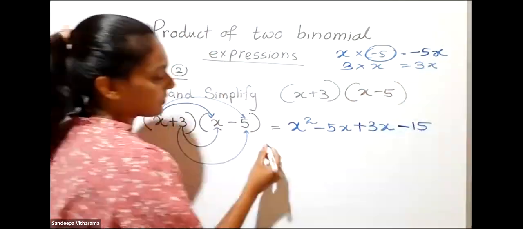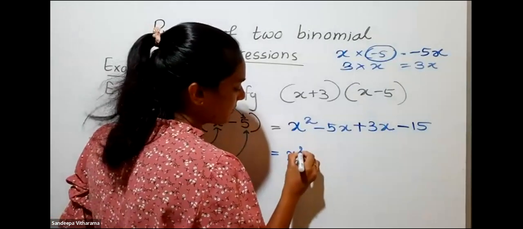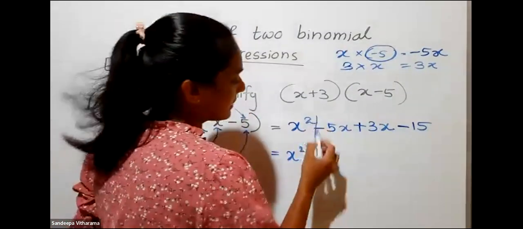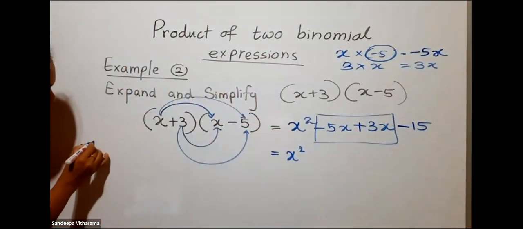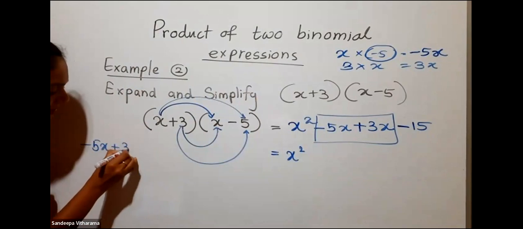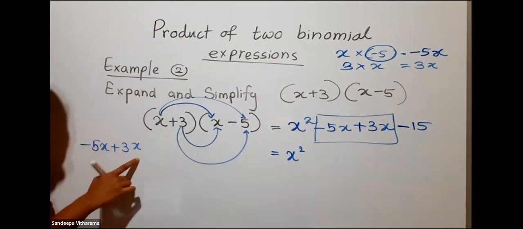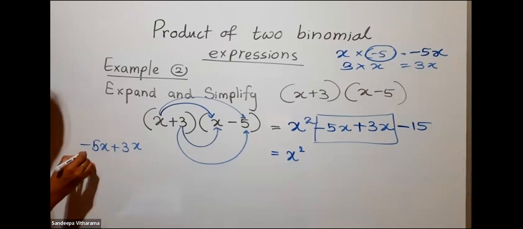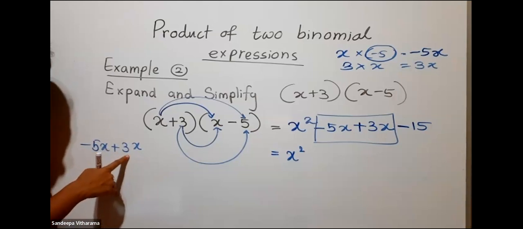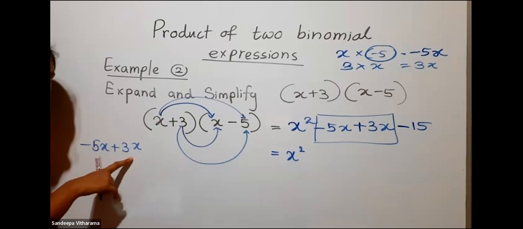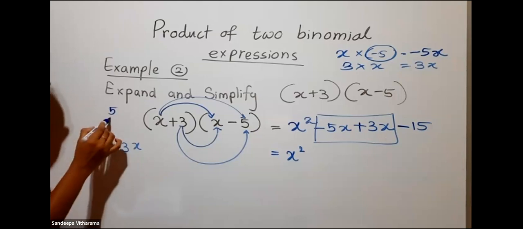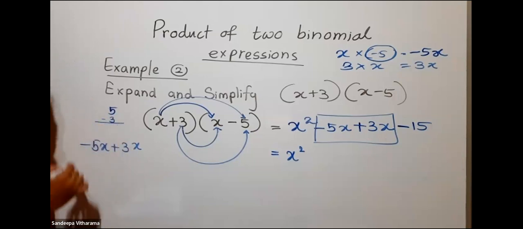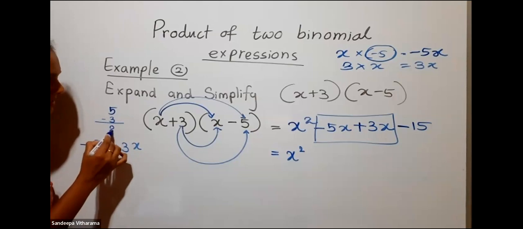So now look at when you have to simplify, here it is different sign numbers addition. Minus 5x and 3x. Here it is a minus sign and a plus sign, that means different signs. You have to subtract the small value from the large value. Then the answer is 2.